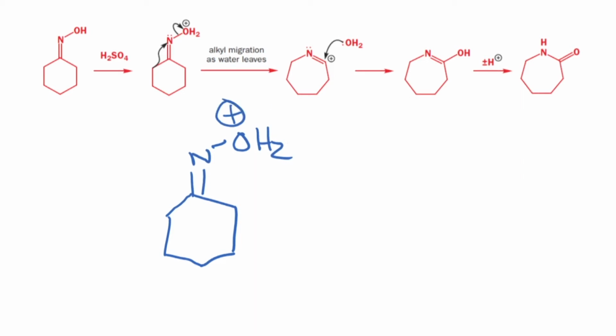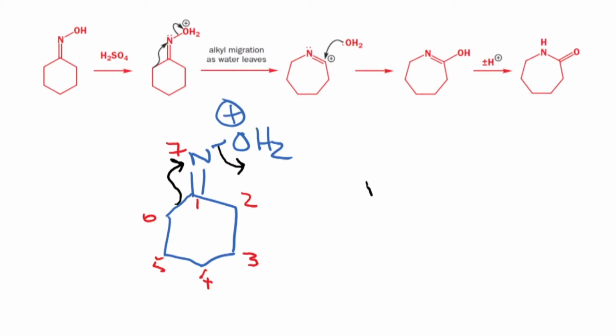Let's just call this 1, 2, 3, 4, 5, 6. I'm just going to call this nitrogen 7. And so what has been suggested is that this is going to leave, and that is going to be accompanied by the carbon 1,6 bond breaking and moving towards the nitrogen.